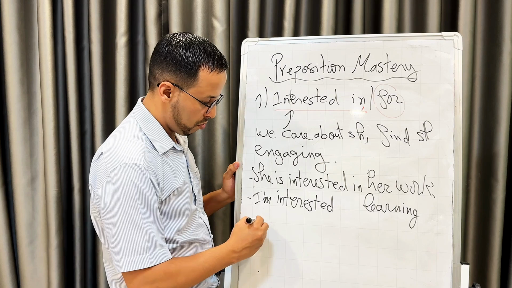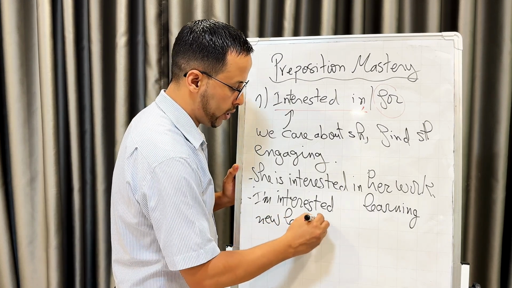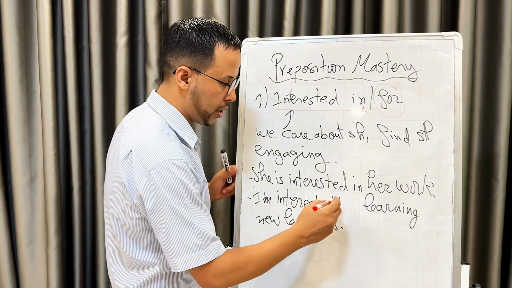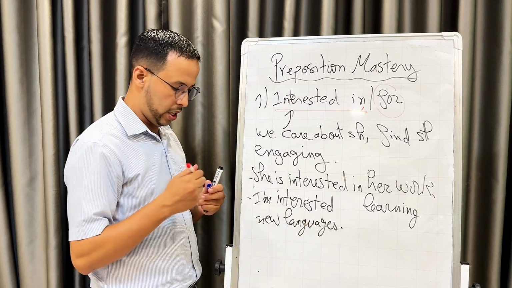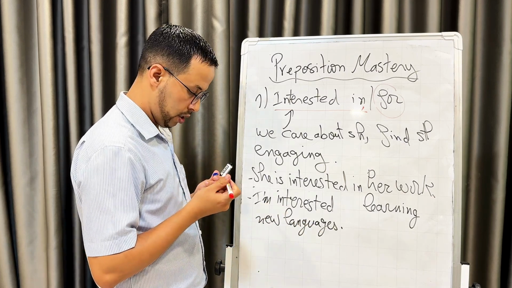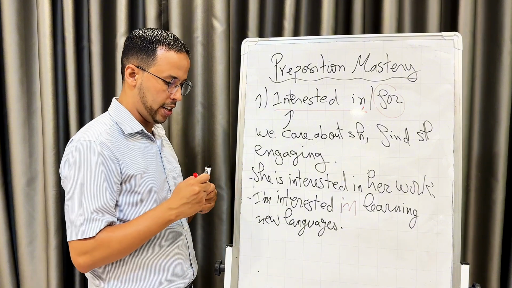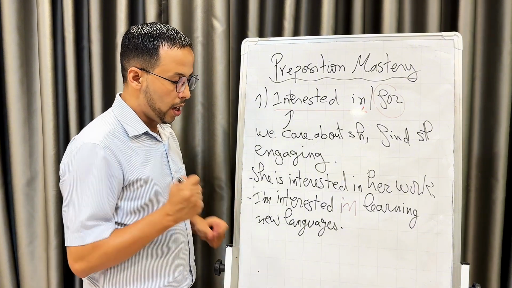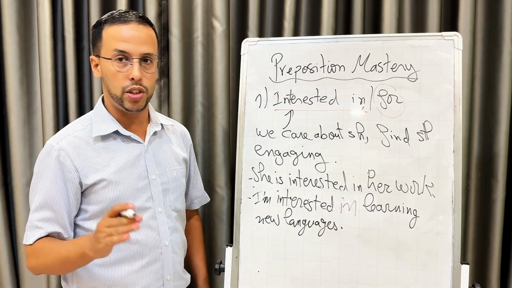Learning new languages. New languages. So which preposition are we gonna use here? In. Okay, very good. You are super smart, guys. Very good. I am interested in learning new languages.